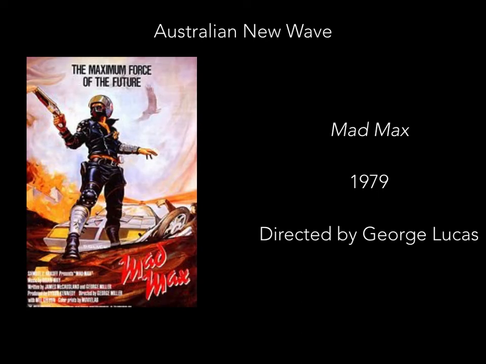The next film movement I chose was the Australian New Wave, which was a renaissance of Australian film in the 1970s. This era was defined by Ozploitation, which is the exploitation of Australian area and culture.